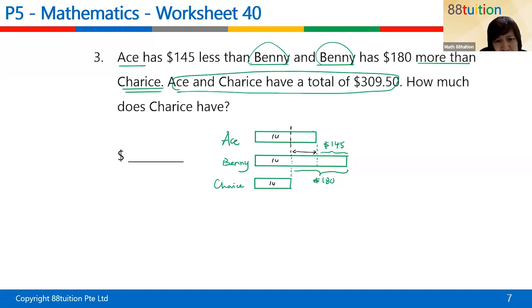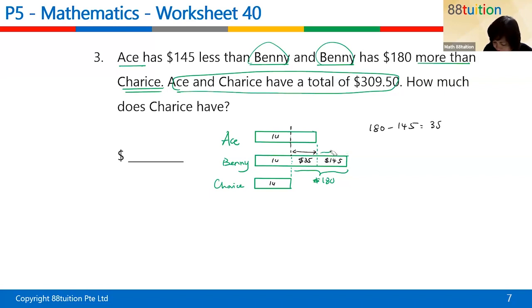The first thing is you must have 180 minus 145. That gives you 35. So for this one, it will be $35. This one will be $145.